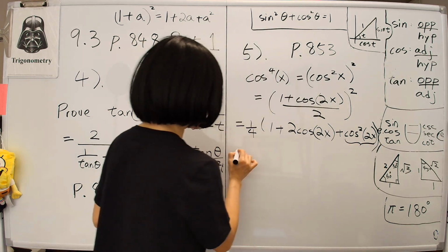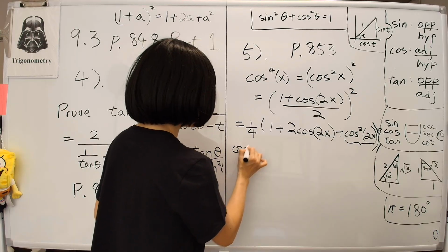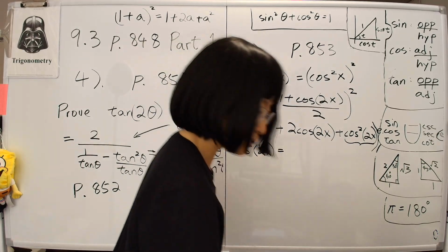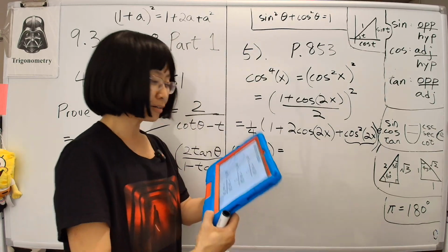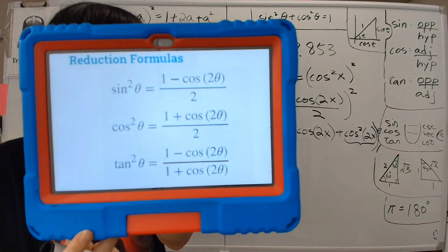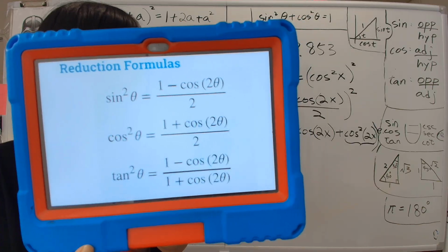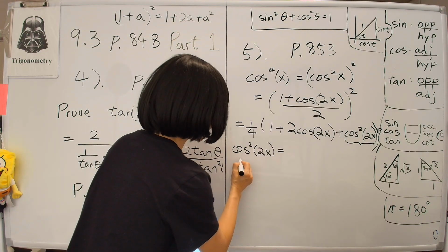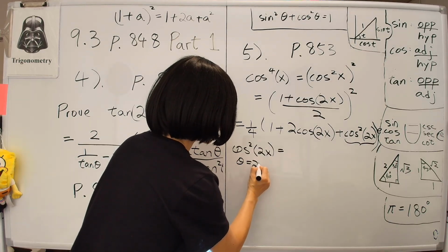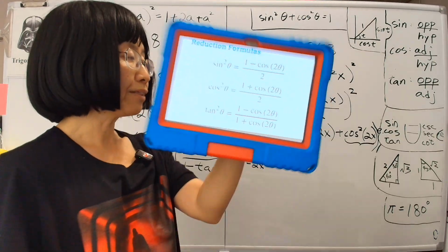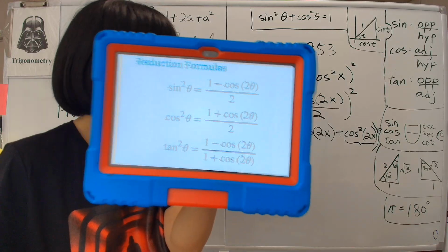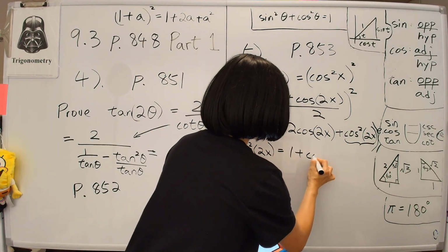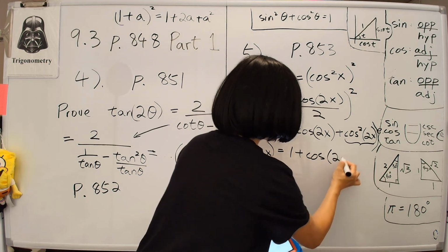To reduce cosine squared of 2x, following the same formula, this time we'll let theta be 2x. Remember, theta equals 2x right now. Then cosine squared 2x will be 1 plus cosine of 2 times theta, divided by 2.